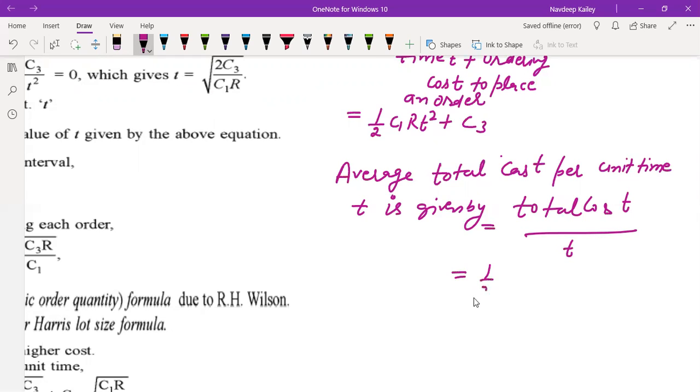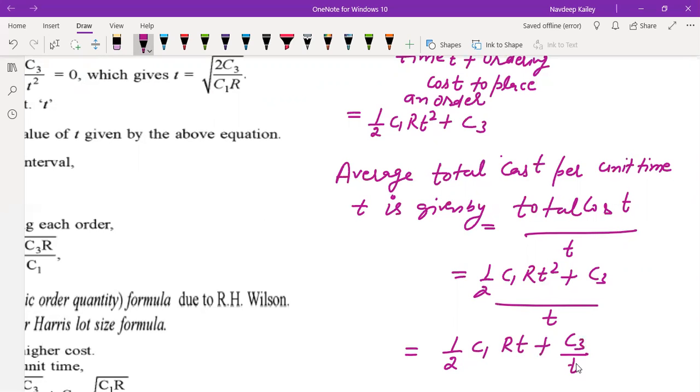Total cost is half C1 RT square plus C3, divided by t. Thus, the average total cost per unit time is half C1 RT plus C3 by T. This is the average total cost per unit time T.